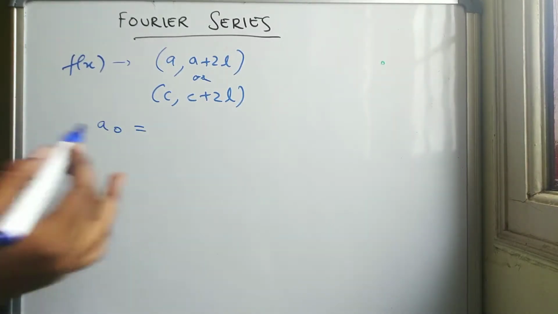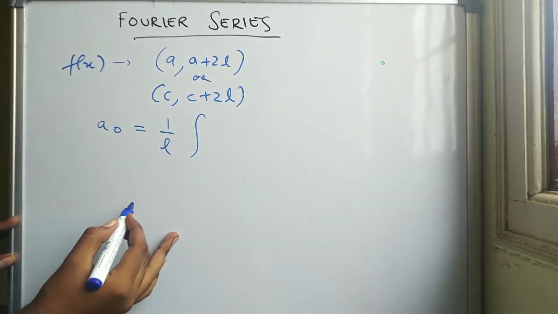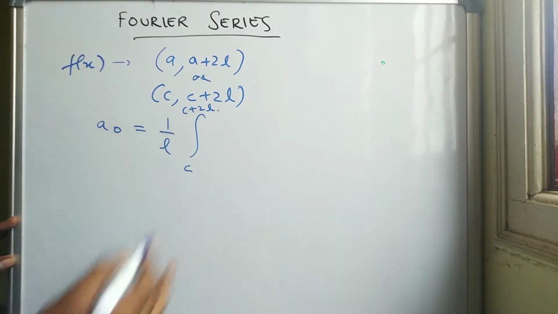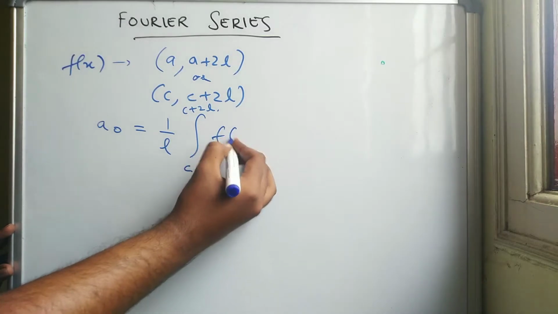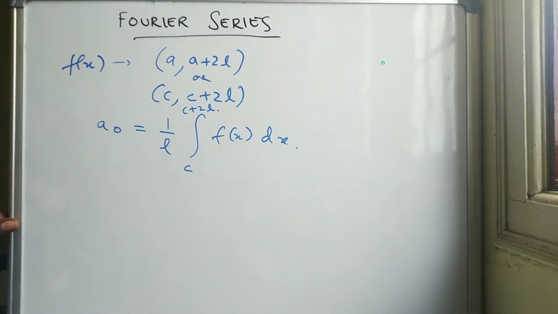Now we have to calculate a0. a0 is nothing but 1 by l integral from c to c plus 2l, or we can write a to a plus 2l, of f of x dx.